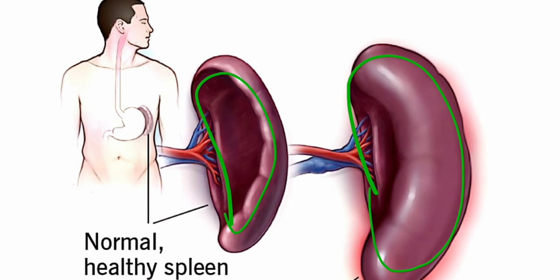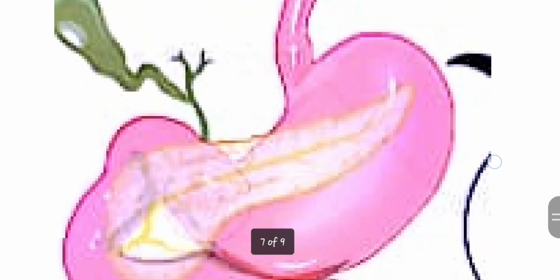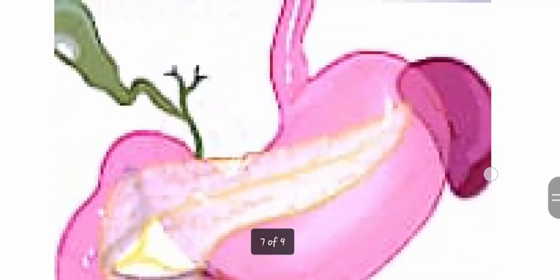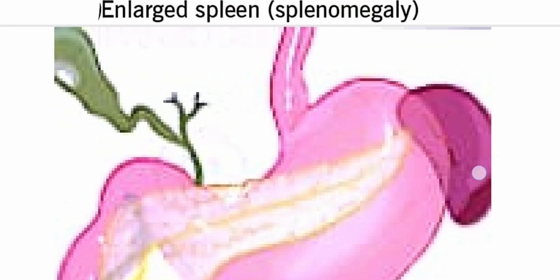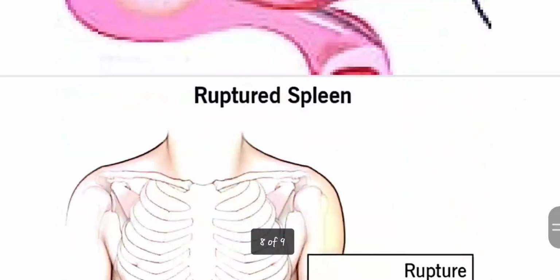This is referred to as splenomegaly. Coming to splenectomy, see, the spleen is situated in the stomach area. This spleen is removed. The surgical removal of the spleen is referred to as splenectomy.